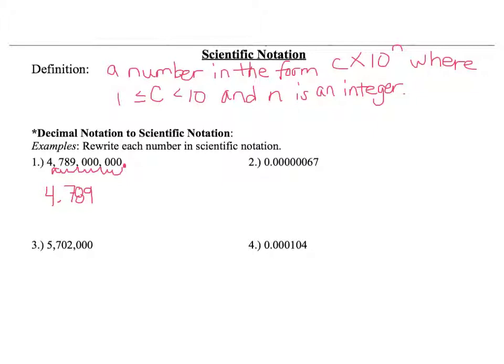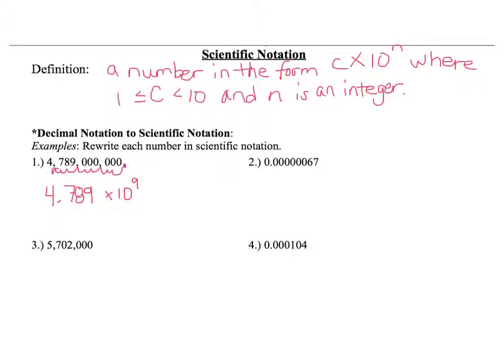I can drop the ending zeros and say times 10 to the 9th power, because I moved the decimal 9 places to the left. And so if I were to translate this back, this would then move the decimal 9 places to the right, because that's what multiplying by 10 does. It moves the decimal.